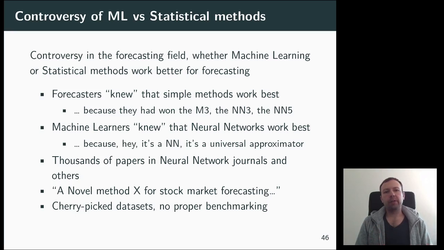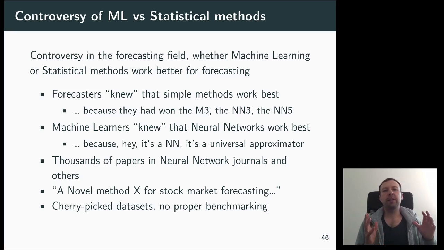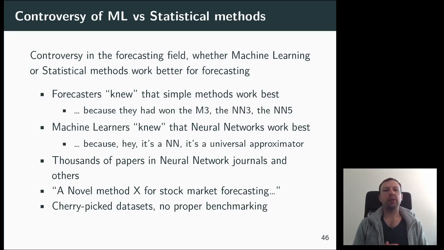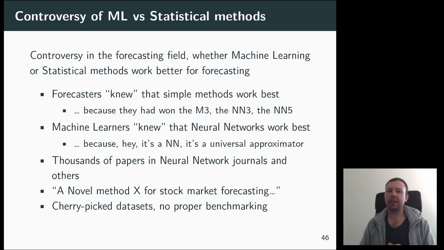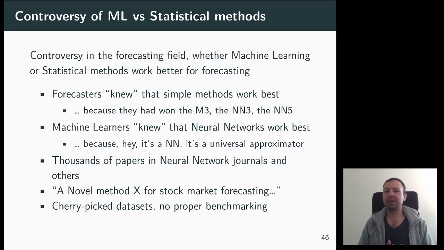From the knowledge from all these competitions, M1, M3, but also the NN3 and NN5 competitions, forecasters had the feeling they knew that simple methods work best. And on the other hand, there were these machine learners who knew that neural networks work best because, hey, it's a neural network, it's a universal approximator, of course it's going to be better than something so simple.